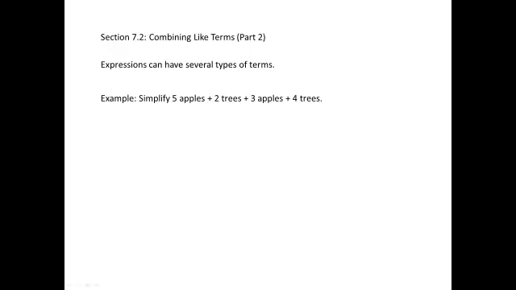Section 7.2, Combining Like Terms, Part 2. Expressions can have several types of terms. So for example, we can have 5 apples plus 2 trees plus 3 apples plus 4 trees. How does this simplify?